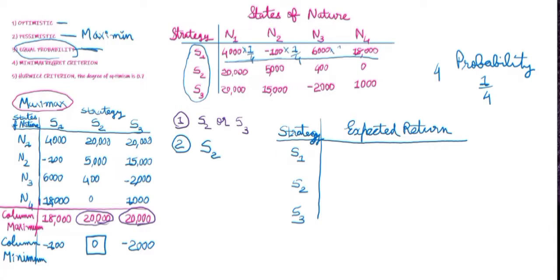Then we'll add all these. We can write it as 1 by 4, taking it as common, into 4000 minus 1000 plus 6000 plus 18000.